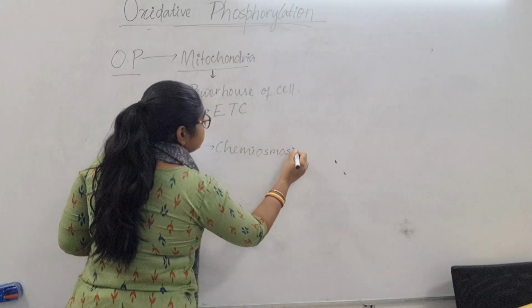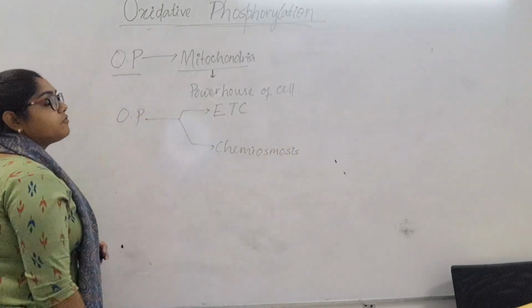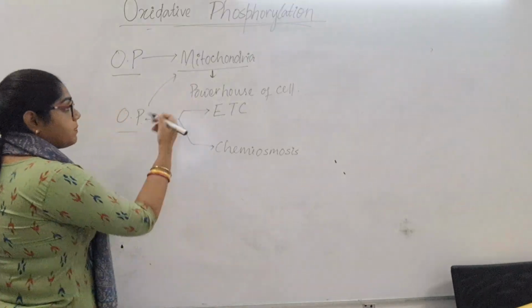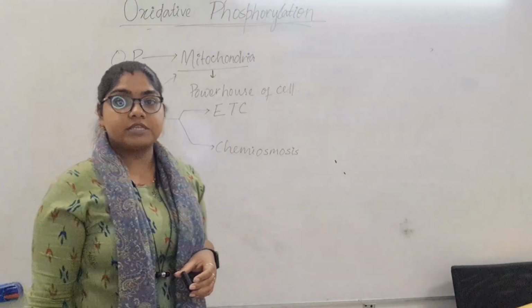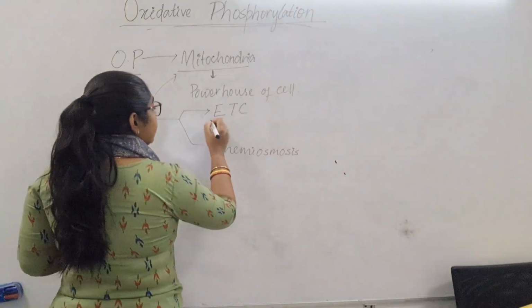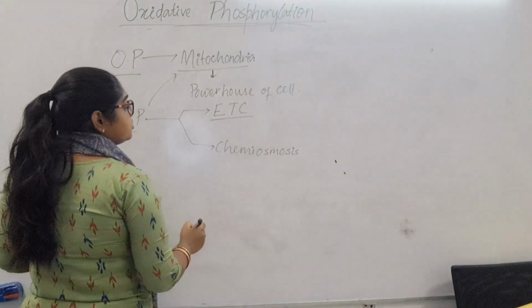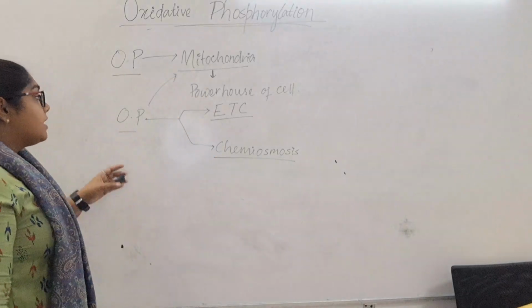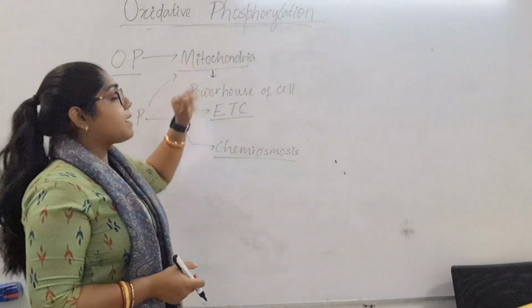So in 2 steps this oxidative phosphorylation takes place, and that takes place in mitochondria. That's why mitochondria is known as the powerhouse of the cell. So here there are 2 steps: one is electron transport chain, another one is chemiosmosis. Now, as I said, it takes place in mitochondria.